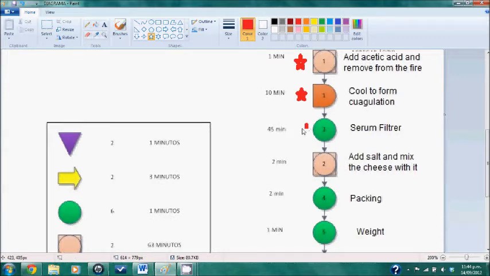So the next is the serum filter. Here we put the already coagulated mass into a recipient that will filter the serum, and the mass will be released.